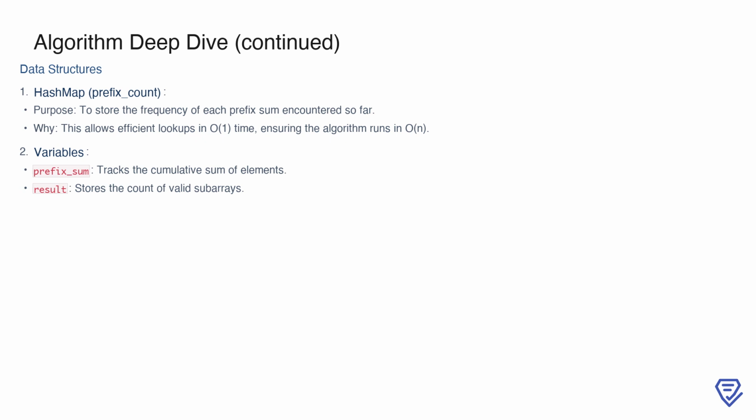Second, we rely on variables like prefix_sum and result to maintain the running total and the count of valid subarrays, respectively. The prefix_sum variable tracks the cumulative sum as we iterate through the array, while the result variable is incremented whenever we find subarrays that meet the goal. Together, these structures ensure the algorithm operates efficiently in both time and space.